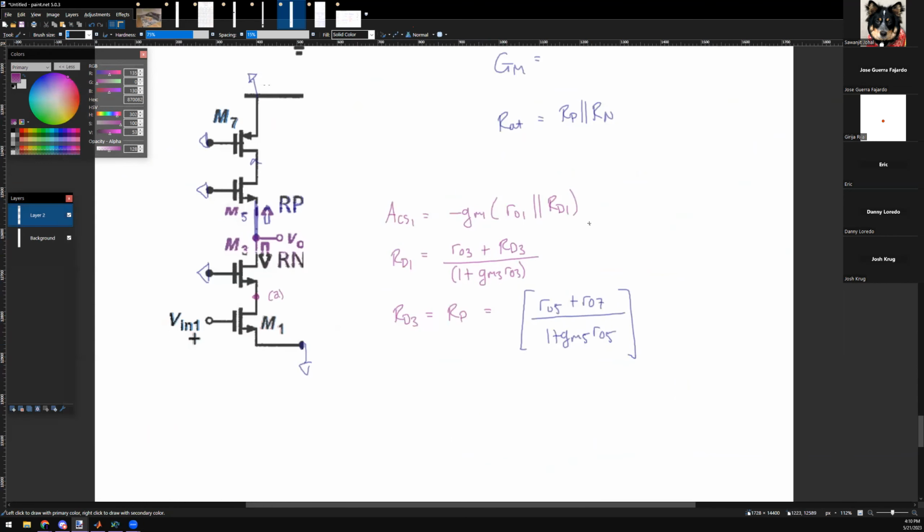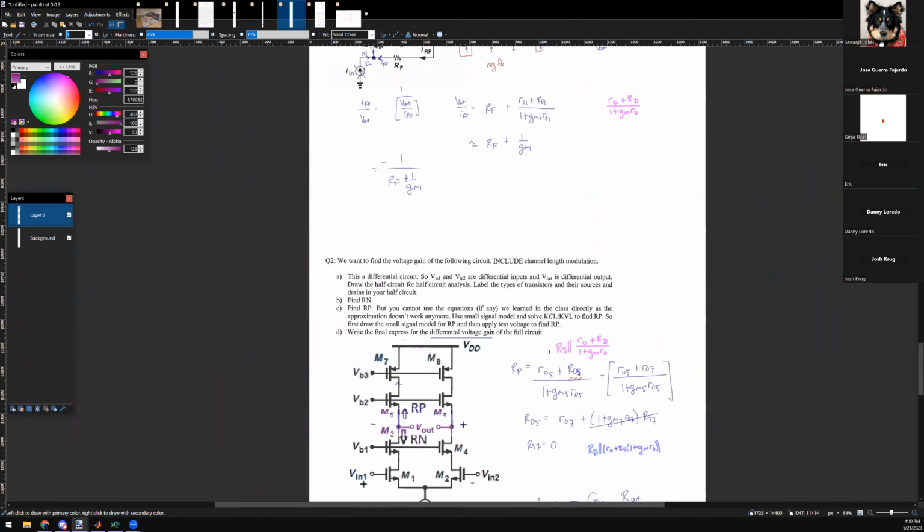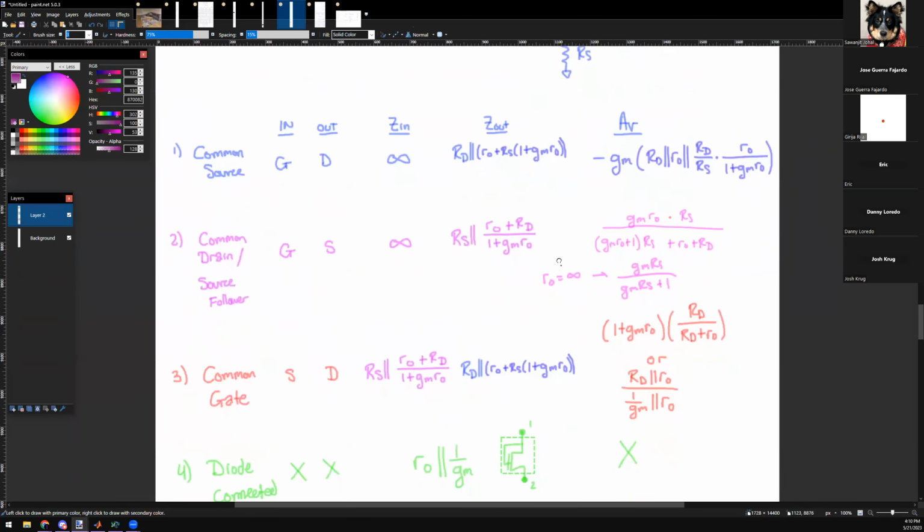Okay. Any questions here? This is now entirely ACS 1. Now I need to do a common gate of M3. And that's just now GM3 times something.